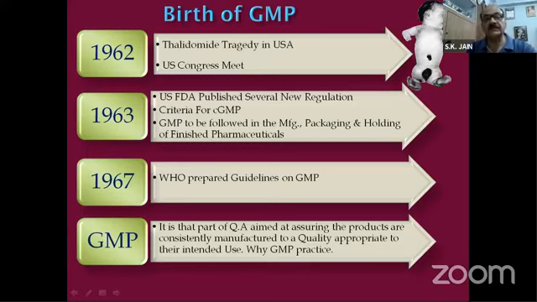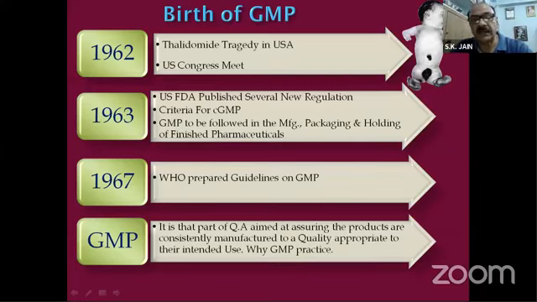Because of lapses in manufacturing, not only by the scientists but at the floor of the manufacturing, it affected the lives of so many people. That is why in 1962 the US FDA published several new regulations and criteria for good manufacturing practices, as well as the GMP to be followed in manufacturing, processing, and holding of finished product.